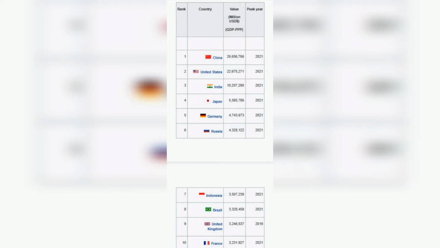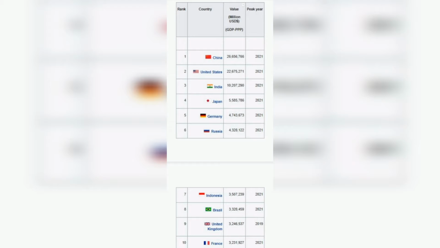And now we are gonna see the top 10 countries by purchasing power parity GDP. That is a little bit more realistic than nominal if we consider purchasing power as a great factor.